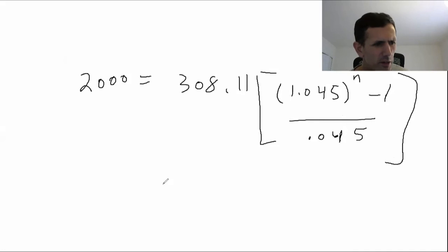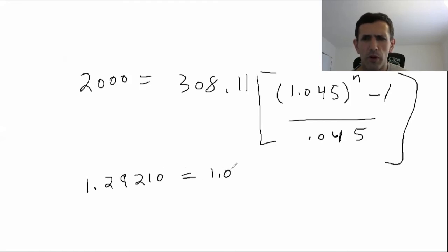So at the very least, when you solve, you get 1.29210 is 1.045 to the n.